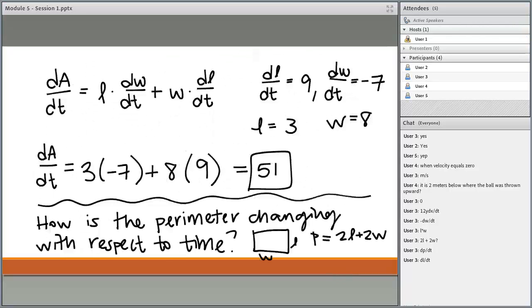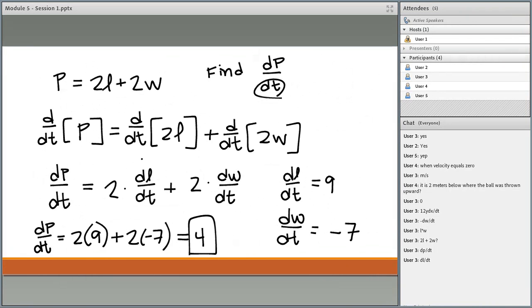So what do we think about this? So it would just be centimeters per second because the perimeter is changing, and the perimeter's units are just centimeters.